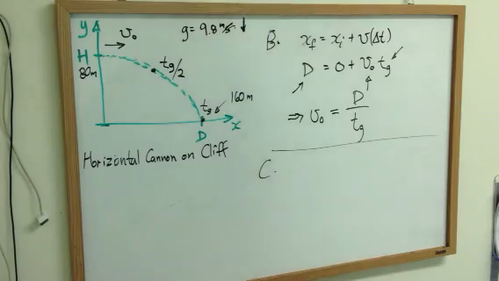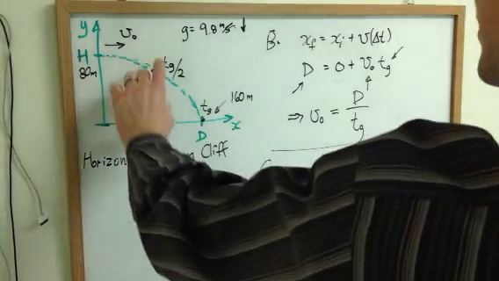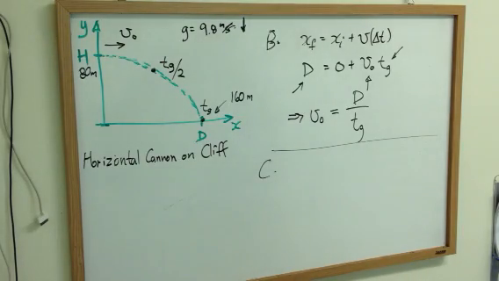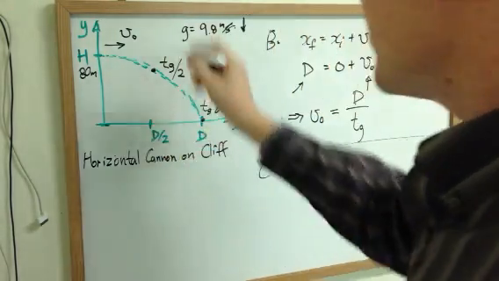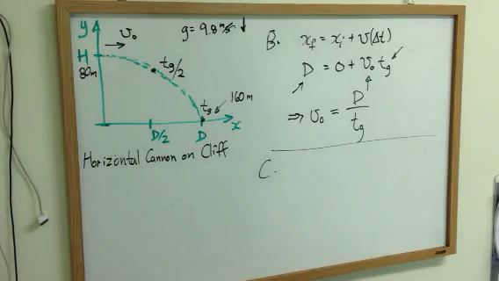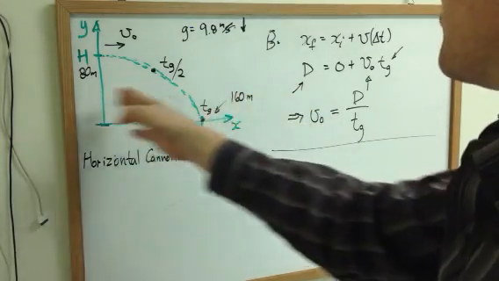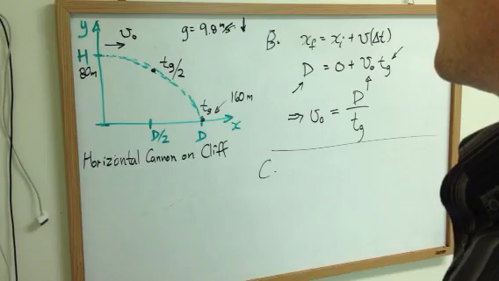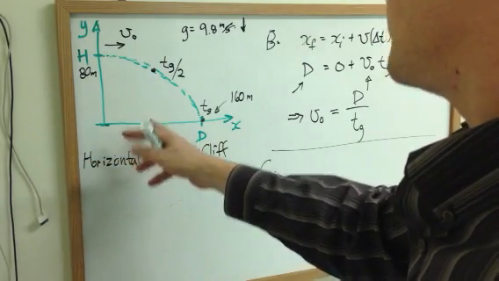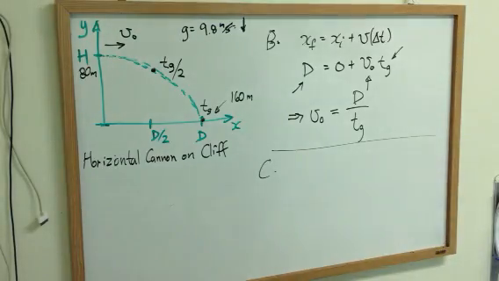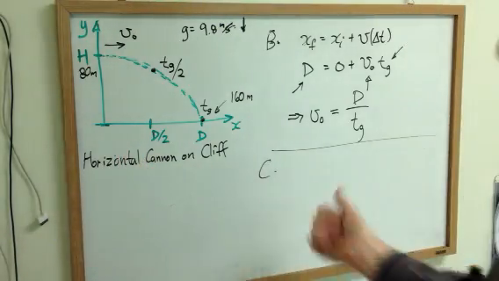Part C asks, what is the vertical position of the cannonball when it's at half the distance? Well, the interesting part, well, not interesting, because the horizontal motion is constant, the halfway point in distance is the same as the halfway point in time, horizontally.